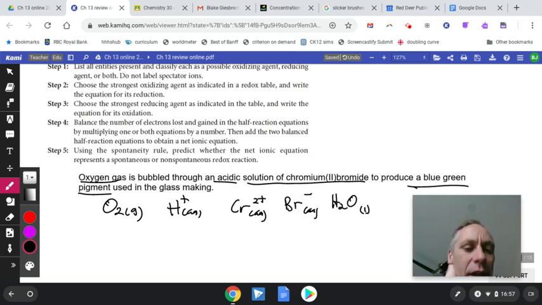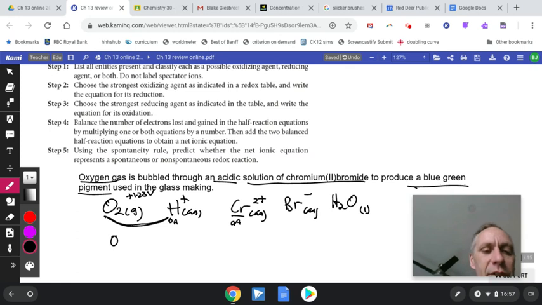So now you jump to your table of relative strengths and you start searching for strongest oxidizing agents. Chromium 2 plus is an oxidizing agent, so is this, but this one together is a very strong oxidizing agent, and it is the winner. So its half reaction from your table of relative strengths, I'm just going to look so you can get the value. If you want to see it, it's at positive 1.23 volts.